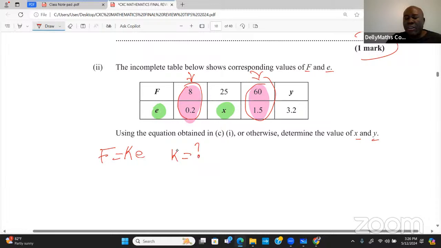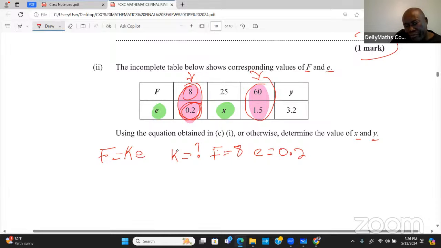And in this case, your constant is K. Now let us list what we have. We're going to take the known F, which is 8. So when F was 8, E was 0.2. So we're taking two things that we know happen already, and we're going to manipulate that to find K.